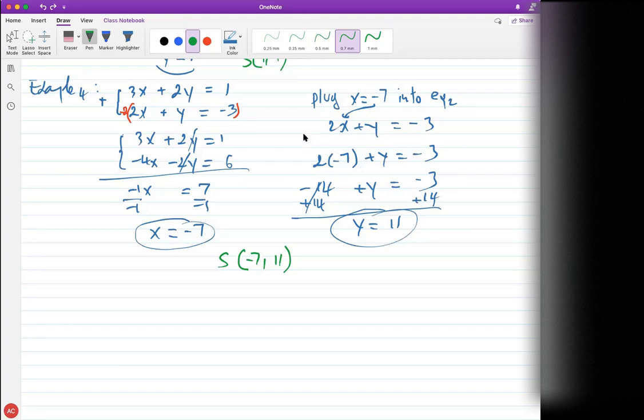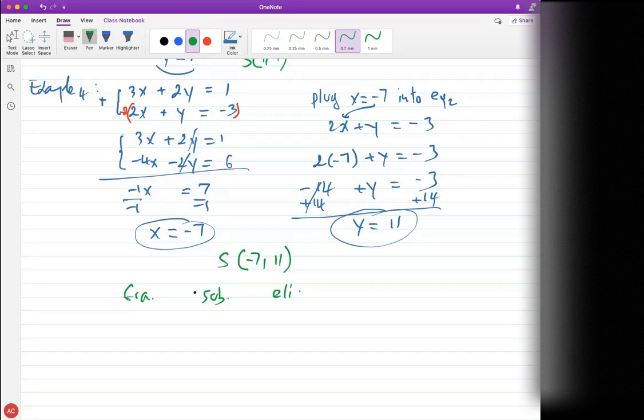So we saw 3 methods of solving. We saw graphing in the first class about systems, and we saw substitution last time. That's when you take one of the variables and you plug it into the other. And today's method is called elimination.